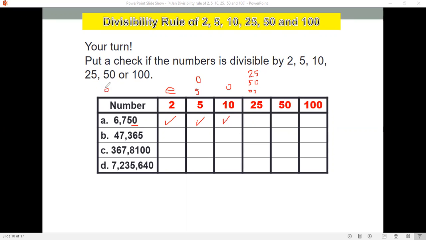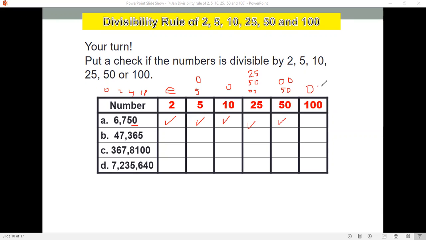Even numbers: 0, 2, 4, 6, and 8. Okay, so let's see. Is there up to 50? Yes. And this 00 and 50. Okay, so it ends with 50, so it is yes.